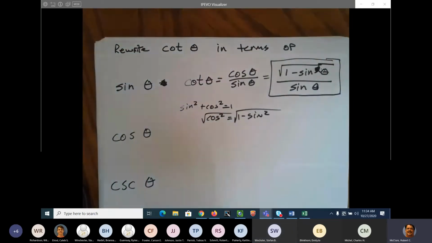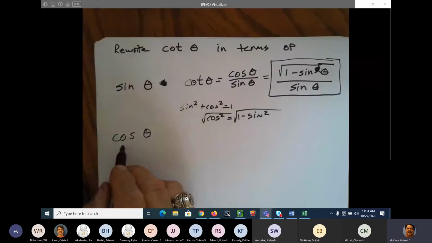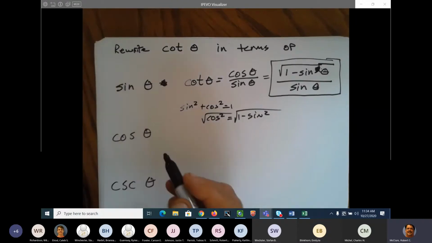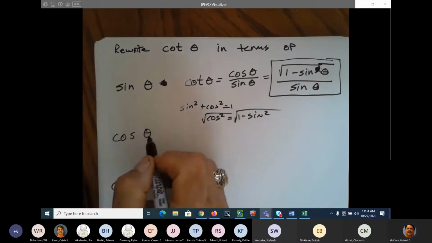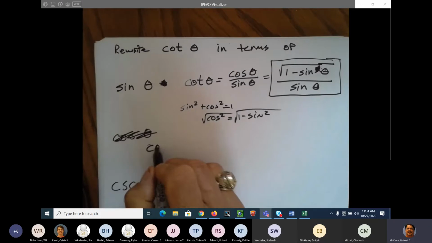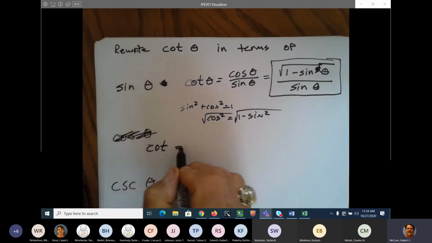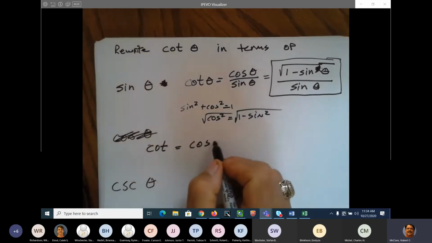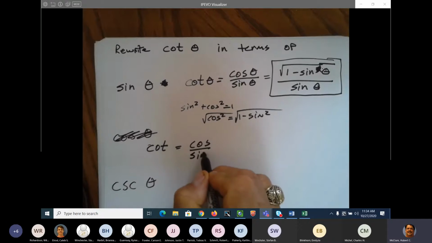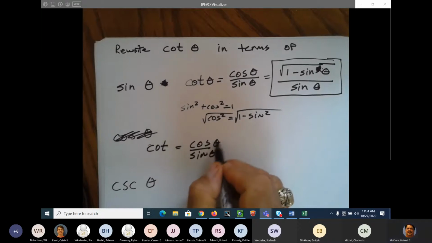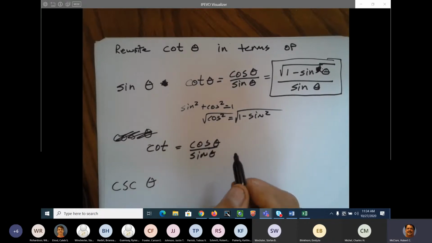All right. And then they want it in terms of cosine. If you want it in terms of cosine, you can rewrite cotangent as the cosine over the sine, and then instead of manipulating the cosine now, you got to manipulate the sine.